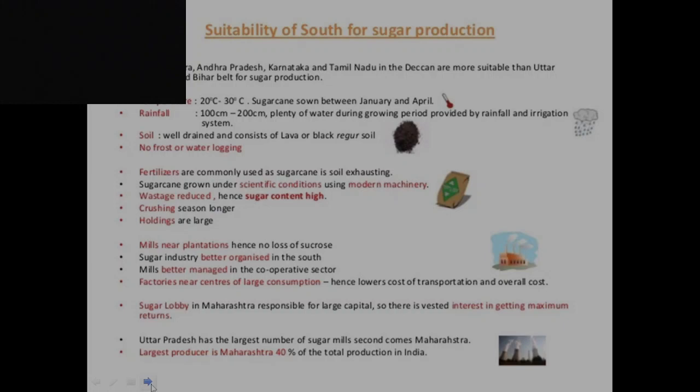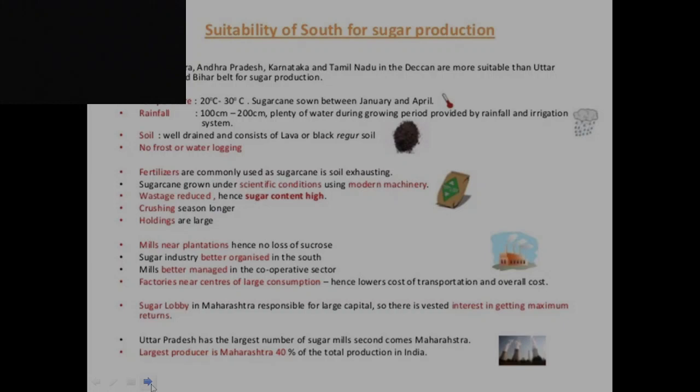Fertilizers are commonly used as sugar cane is soil exhausting. And sugar cane is grown under scientific conditions using modern machinery. As all of you know, Coimbatore is the regional center and the research center. So it is good for that. Crushing season is longer. Mills are near the plantations in this part.